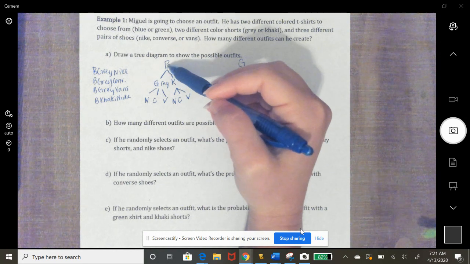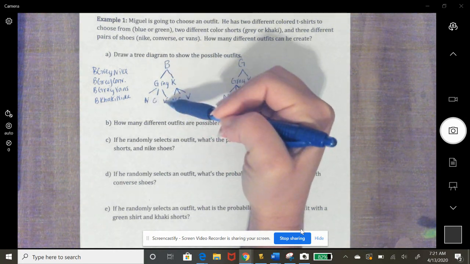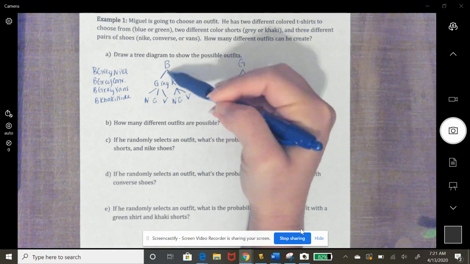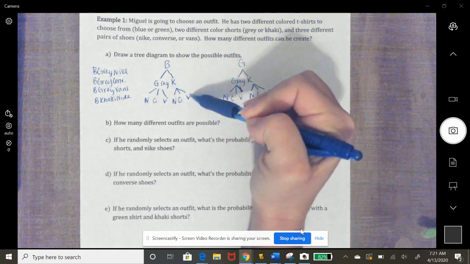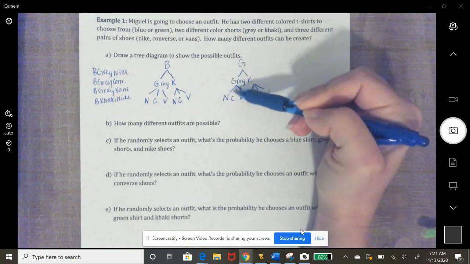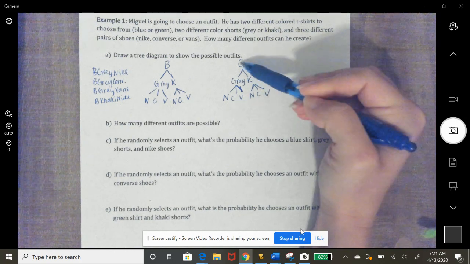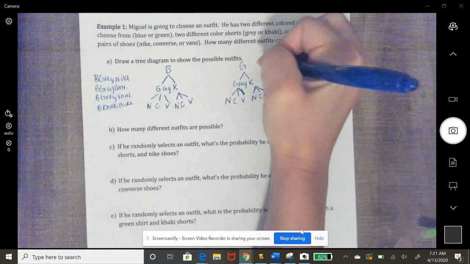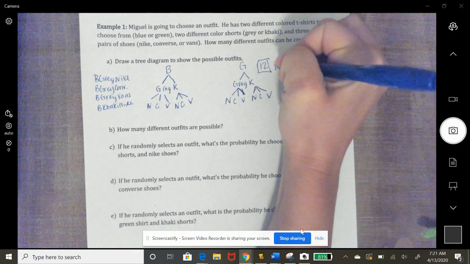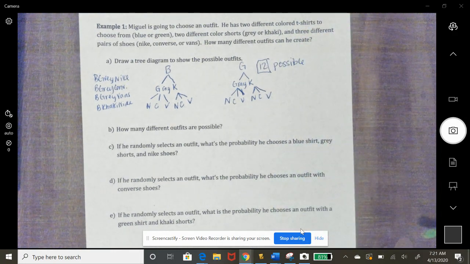For the number of possible outfits, we have 1, 2, 3, 4, 5, 6, following those branches, so there's 6 there, then 7, 8, 9, 10, 11, 12. So there are 12 possible outfits he could create with those choices.